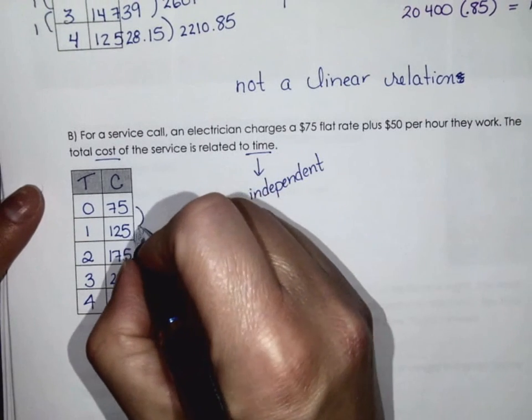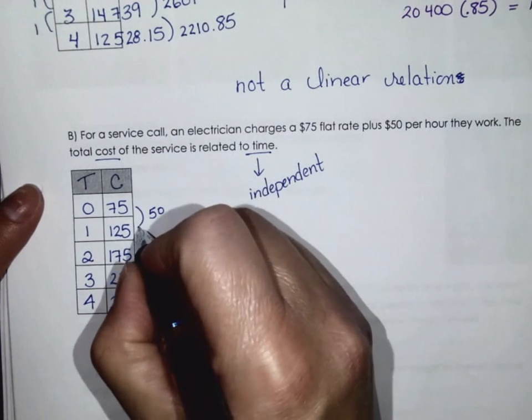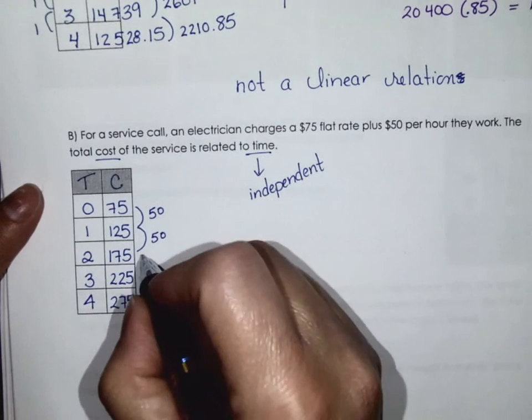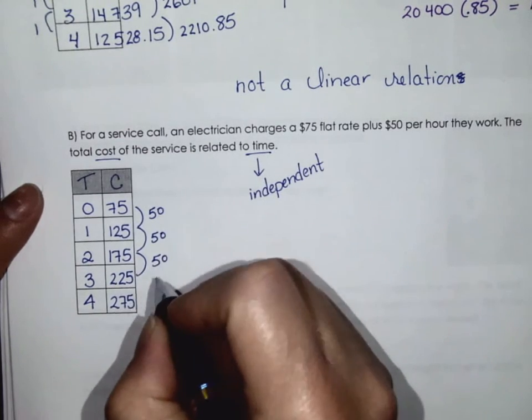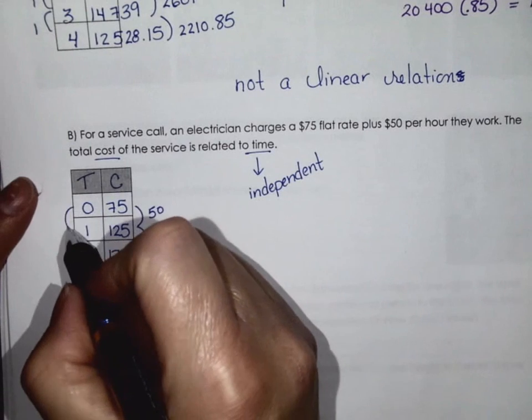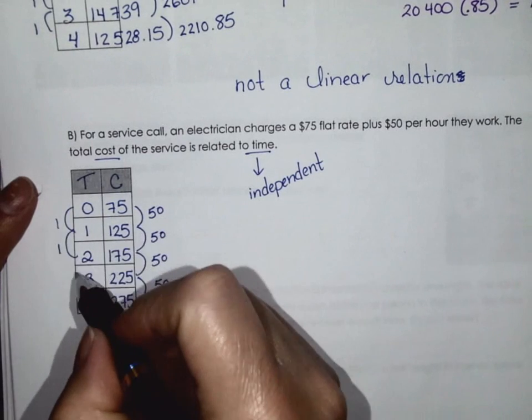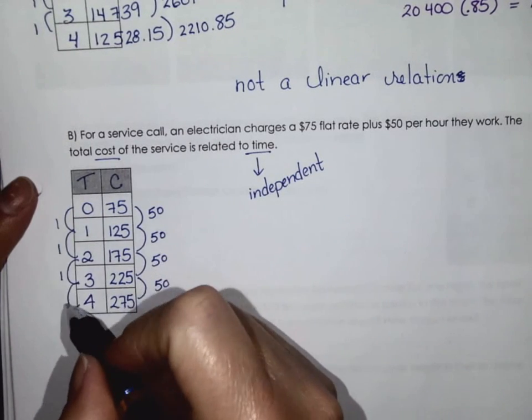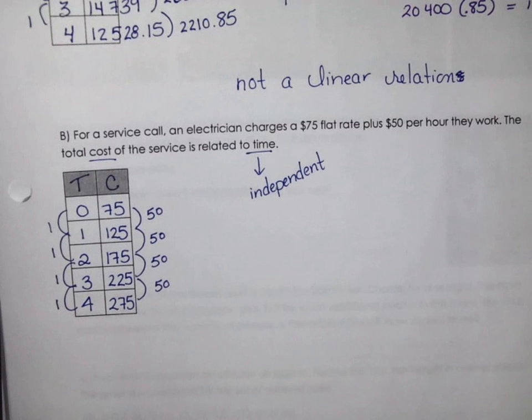Okay, so the change from here to here was 50. The change from here to here is 50. The change from here to here is 50. And the change from here to here is 50. And the time goes up by 1 each time. Is this a linear relation?